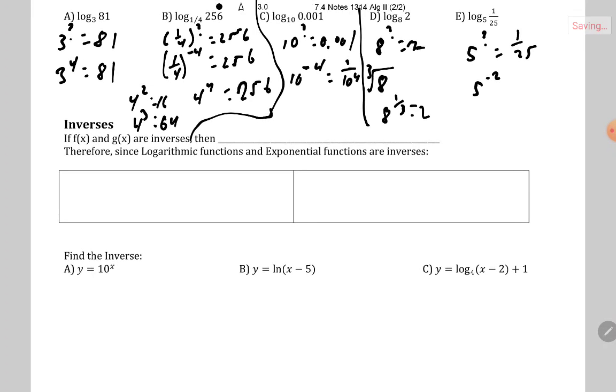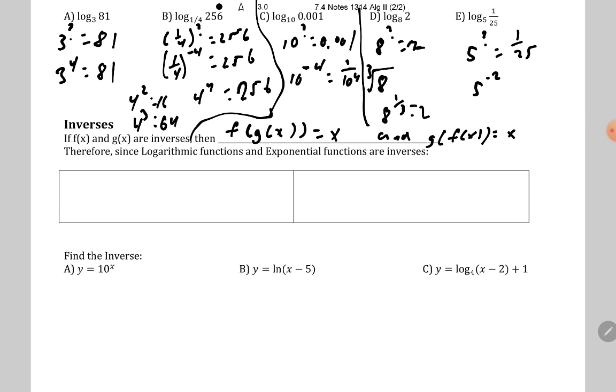Inverses. If f of x and g of x are inverses, then f of g of x equals x, and g of f of x equals x. So remember these compositions of functions.